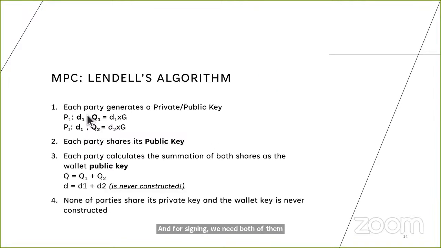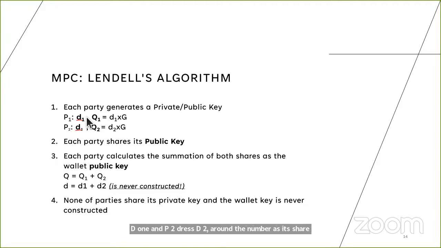So here, I'm going to briefly explain how Lindell's algorithm works. First of all, how do we generate the private key? We have two parties, P1 and P2. In the first step, party 1 generates a random number D1 as its share of the private key, and P2 generates D2, a random number, as its share of the private key.